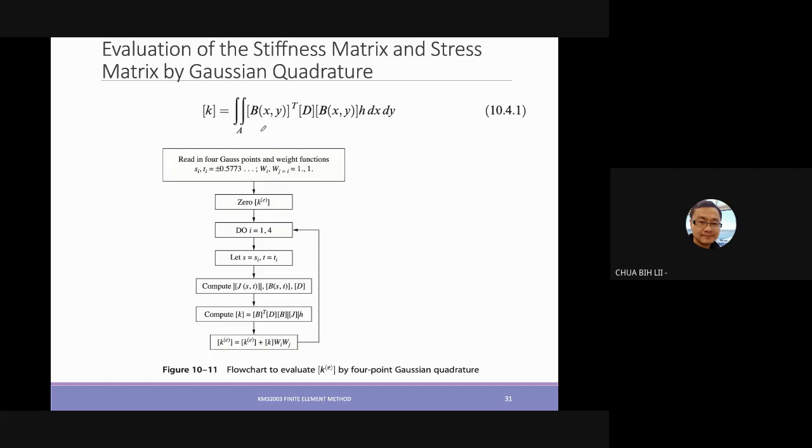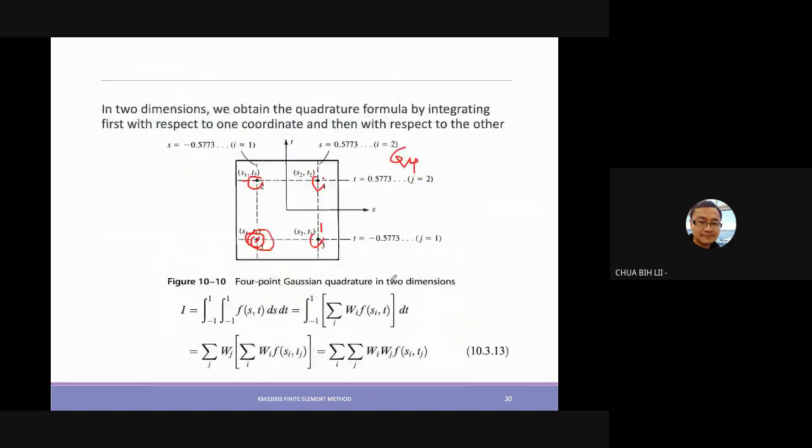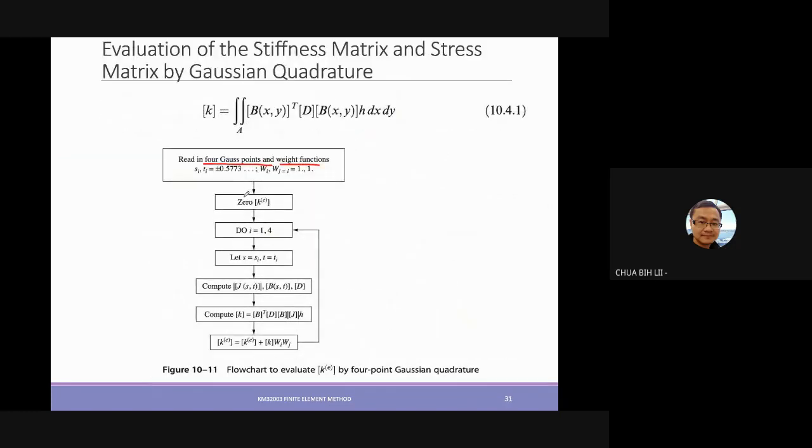You may have the algorithm. The algorithm first reads the 4 Gauss points for Q4, then the weight functions. Then from there, you make sure the stiffness matrix is zero at the beginning. Then we do a looping for every single Gauss point itself.